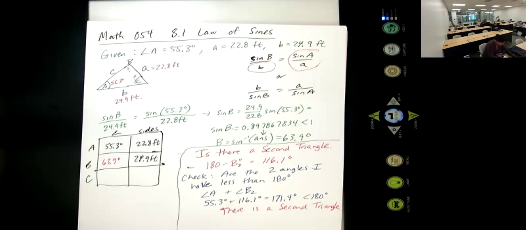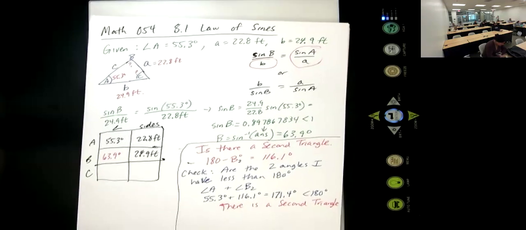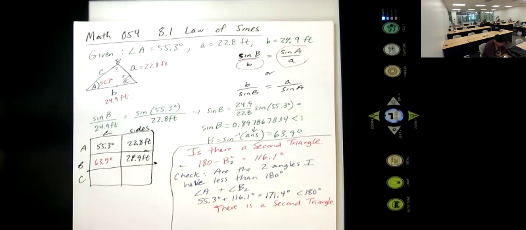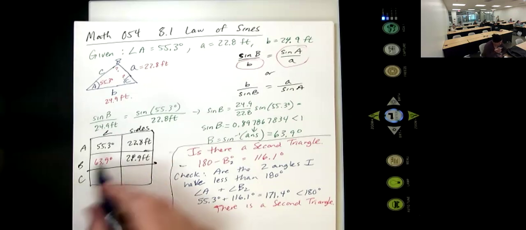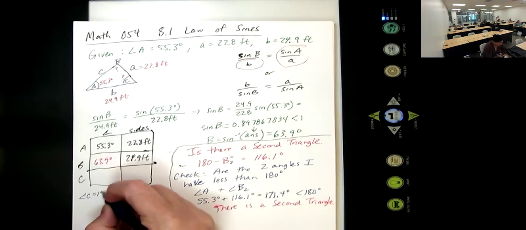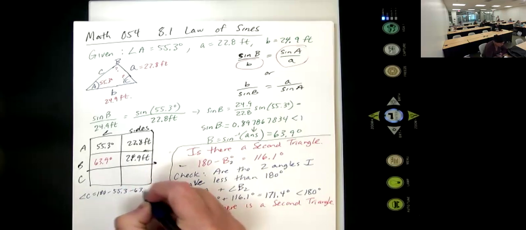So let's finish our first triangle. How can I get C? 180 minus the angles here. Angle C will be 180 minus 55.3 minus 63.9.